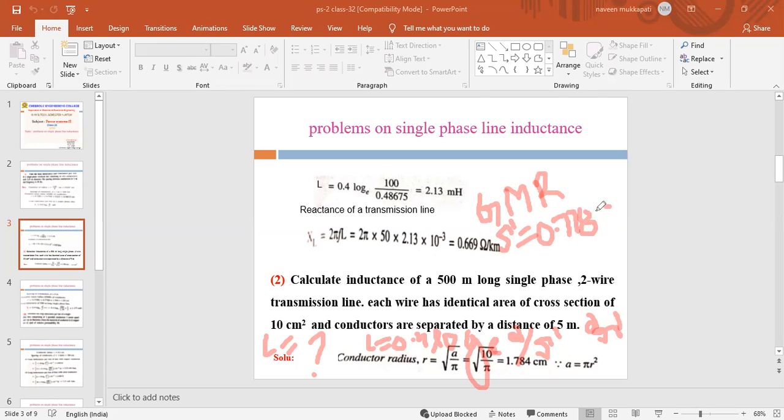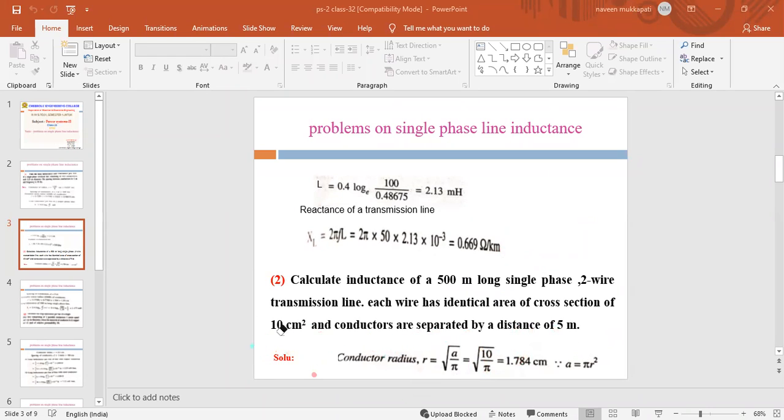R dash is equal to 0.7788 into R. By using this formula we determine the R dash. That is the given data, and by using that data we determine the inductance value.